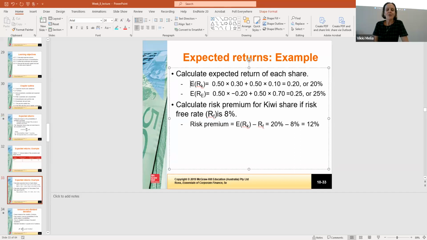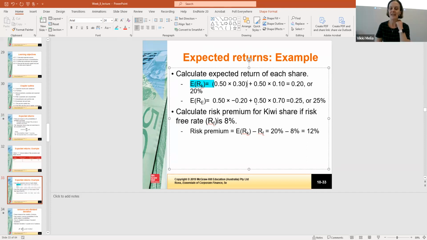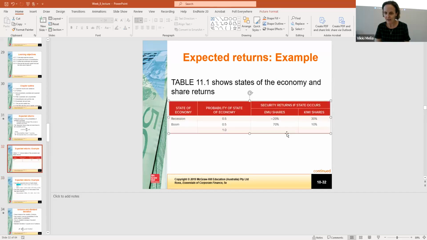So if we start with the expected return from Kiwi, K for Kiwi, there's a 50% probability that the economy will be in recession. And in recession, the return from Kiwi is 30%. Let's just go back and check that. So it's Kiwi.